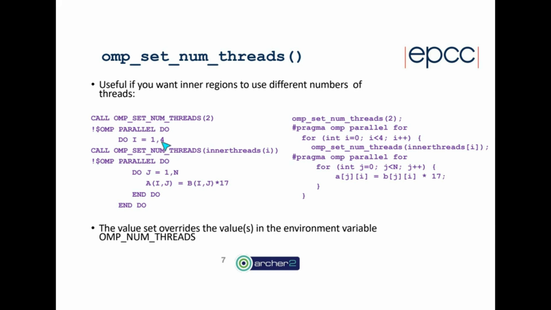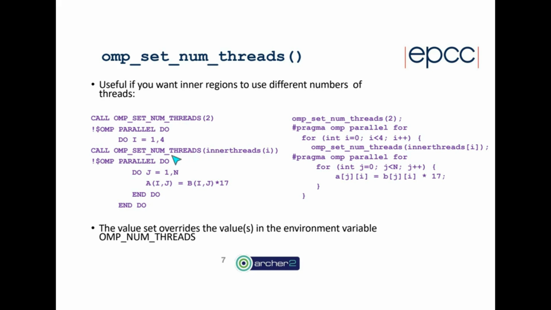Supposing what I have here is a nested loop. So the outer I loop only has 4 iterations, and the inner J loop has more. And suppose I only want to dedicate 2 threads at the outer level, and then for every instance of the inner regions, I can choose different numbers of threads.